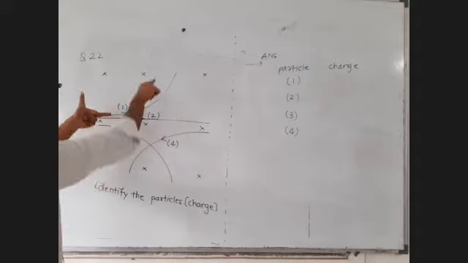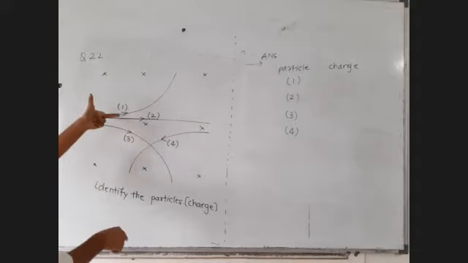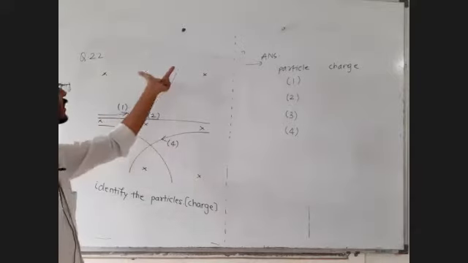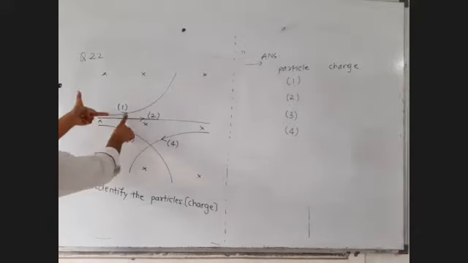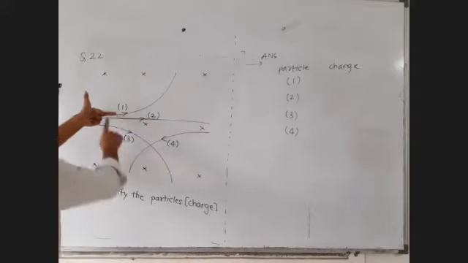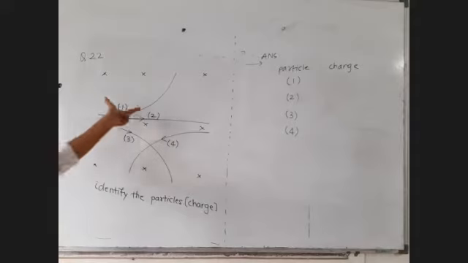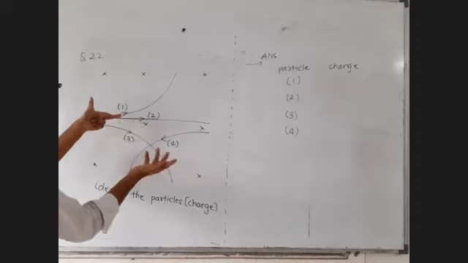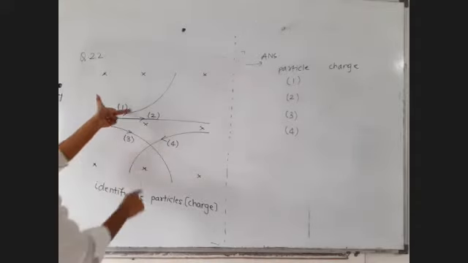It is moving upward, so thumb should be upward, like this. Now the middle finger and the velocity, that is motion, both are in same direction. It means current and velocity both are in same direction. Means charge is positive or negative.